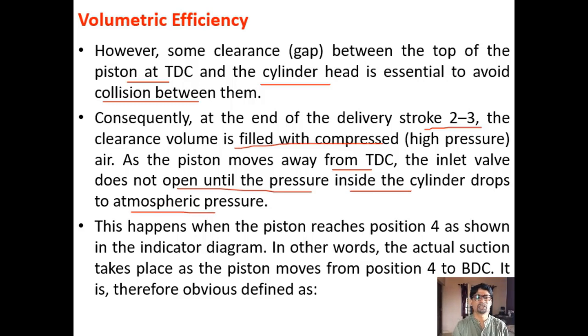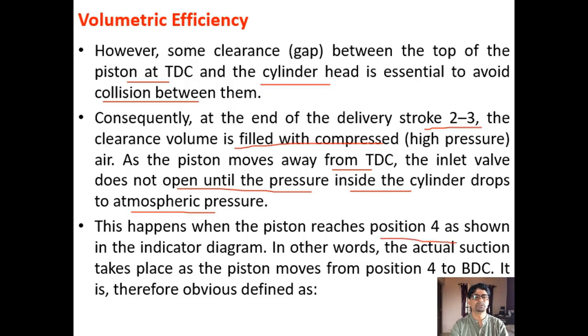So when the piston starts moving from 3 to 4, this highly compressed air filled in the clearance space expands first until the pressure drops to atmospheric. Only then will the inlet valve open and the actual suction begin. Till then there will not be any suction. This happens when the piston reaches position 4, that is, 3 to 4 is the expansion.